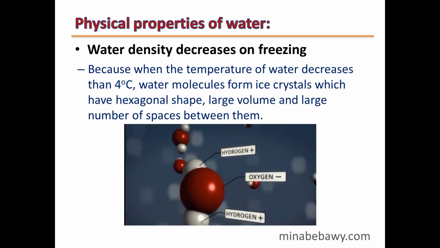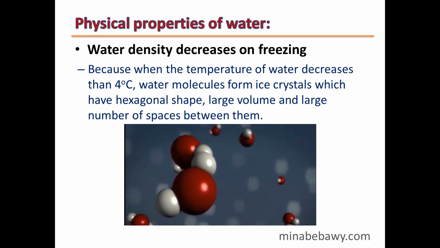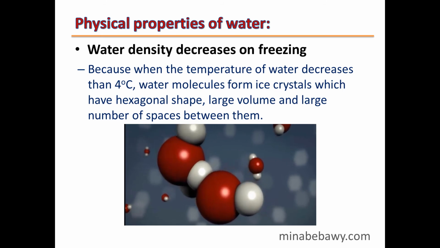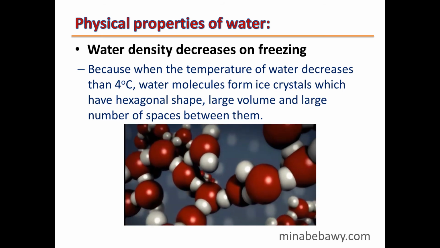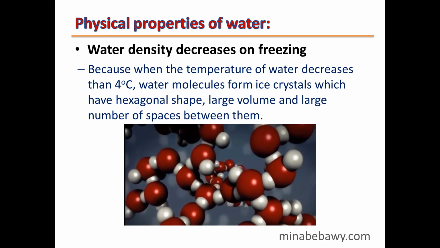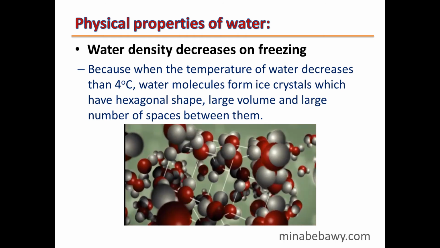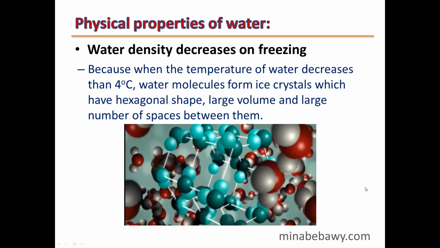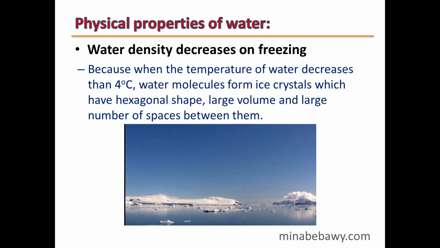As you can see, if we have a water molecule, you can see that hydrogen bond will be formed between each two successive water molecules. This will form ice crystals which have hexagonal shape, as you can see, 6 sides. Ice crystals have large volume, so they have low density, so ice will float on water surface.